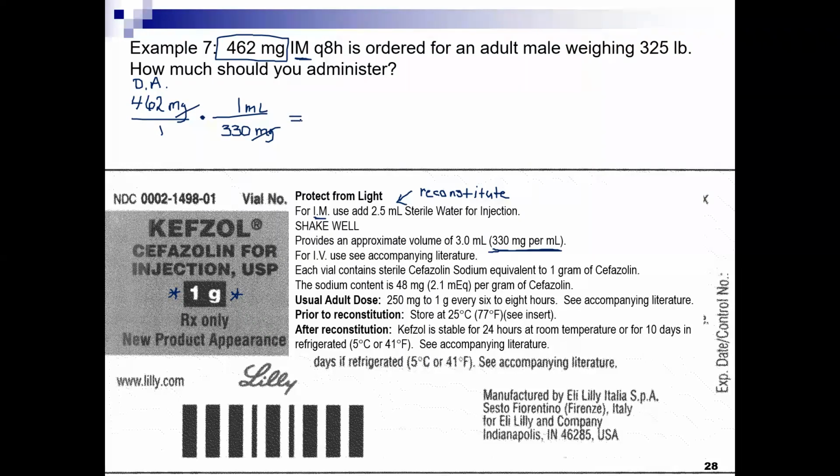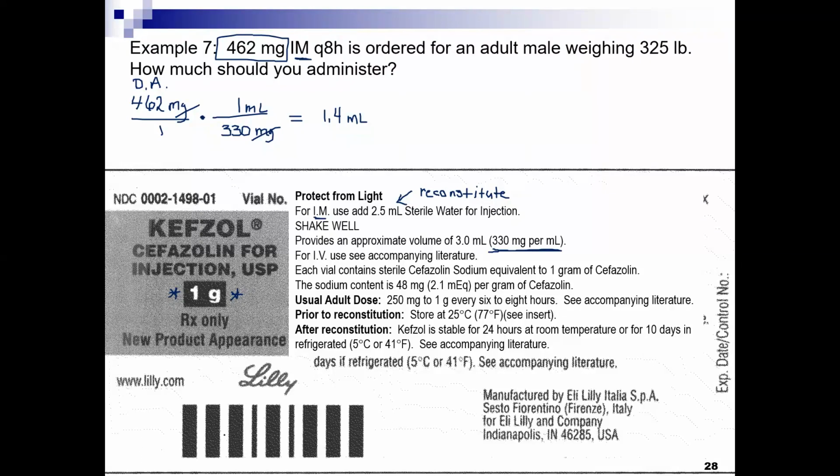We have the amount of liquid that we need to add to reconstitute this, and then we also have the strength. And so both pieces are important, one to physically add the water, and the second one to do the right calculation. And so I do this on my calculator, and I end up with 1.4 milliliters.